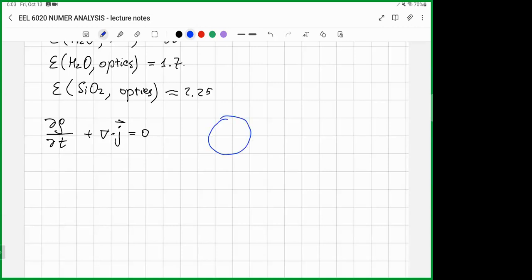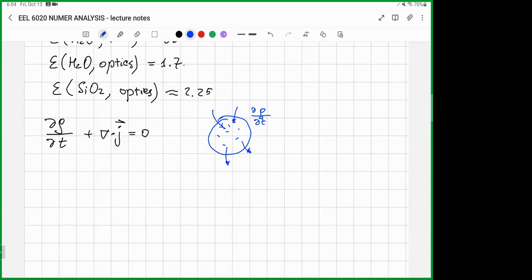If you have an area with some charges in it, some charges can go out and some of the others can go in, right? And because of this moving of charges, the number of charges changes, and the density also changes. This is described by this time derivative of the charge density.